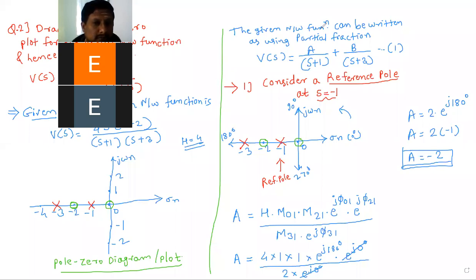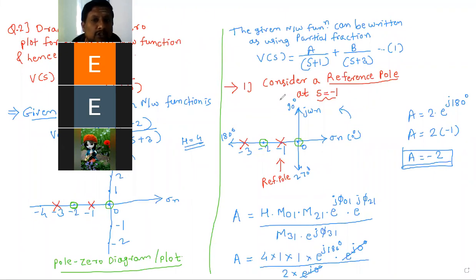Yes, sir. Okay. So it is similar to the previous example, only 2 zeros are there in this example. In the previous example, only 1 zero was there. Now we can consider another reference pole here.